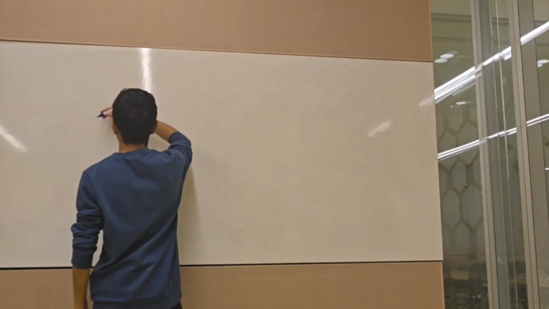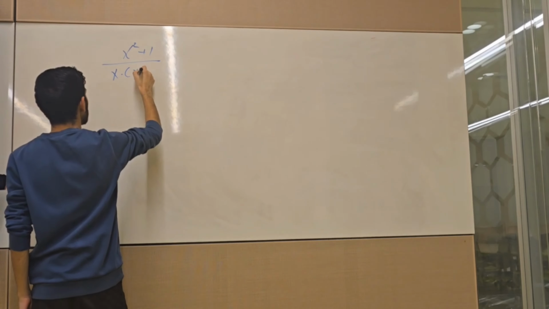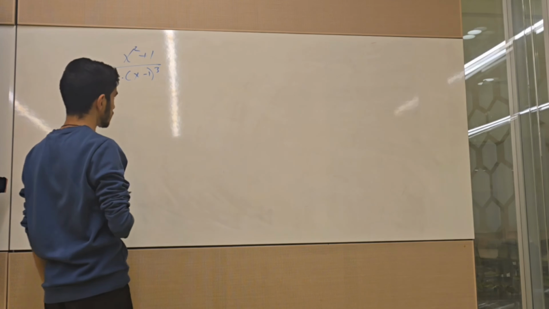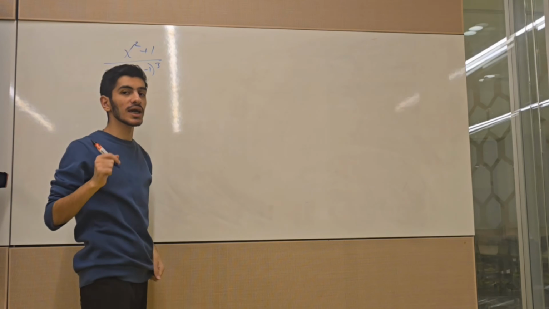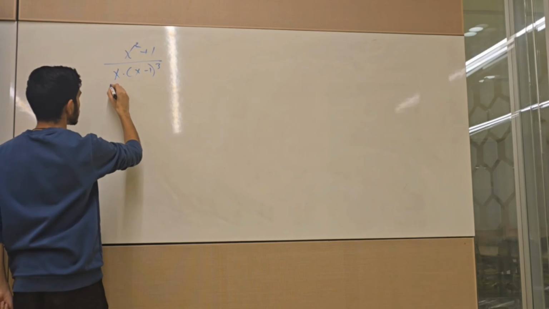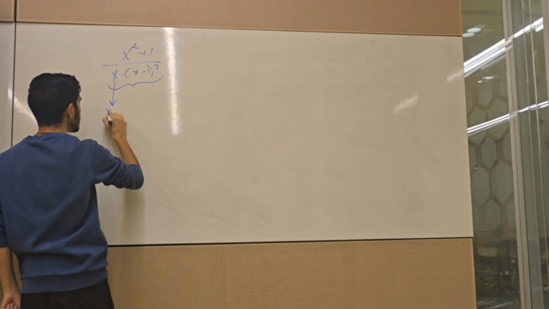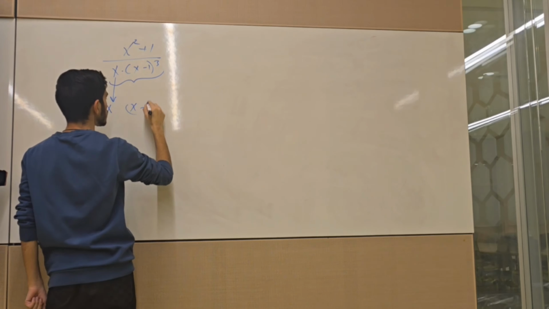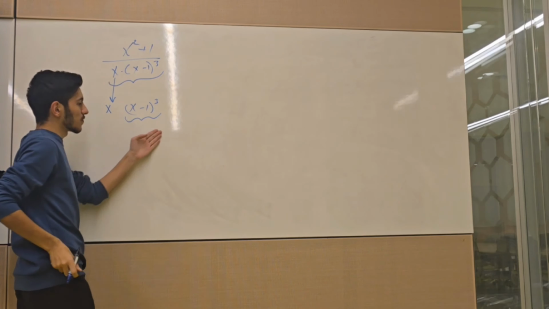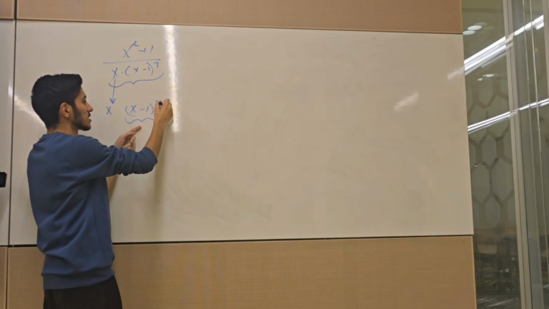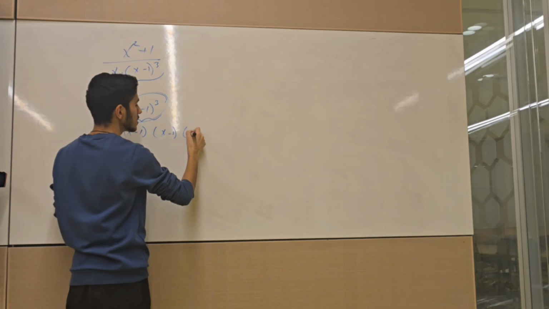Let's consider this example: x squared plus 1 over x times x minus 1 to the power of 3. We need to follow the rule in case 2. We see that the denominator is x and x minus 1 to the power of 3. But we know we have 3 factors in this part: x minus 1, x minus 1, and again x minus 1.